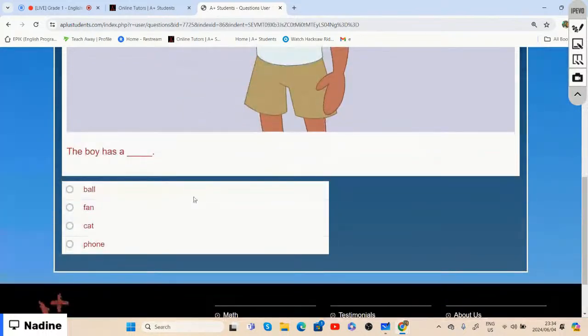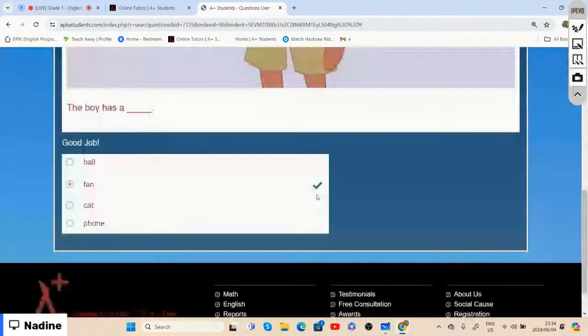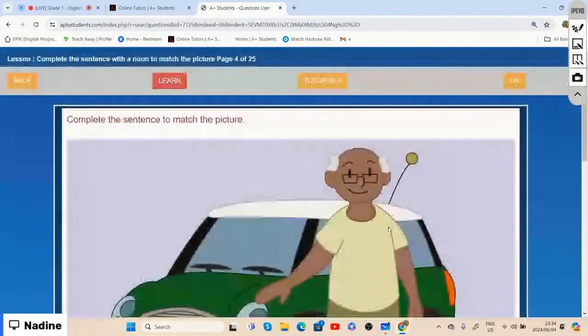So it's basically summertime, which means that it's going to be very hot. So that's why the boy has a fan in his hand, just to cool himself down. So well done. Fan is correct.